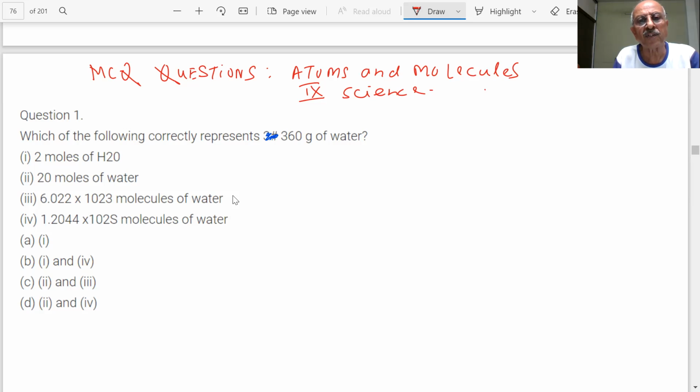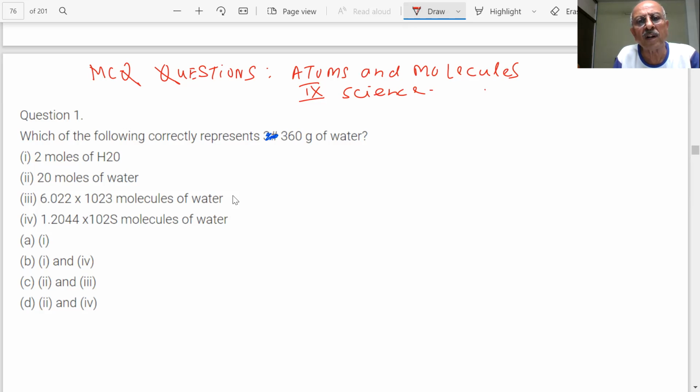If you have 360 gram of water, what does it mean? The choices are 2 moles of water, 20 moles of water, molecules of water, 1.20 into 10 power 25 molecules of water. How will we do the calculation in this case, students?